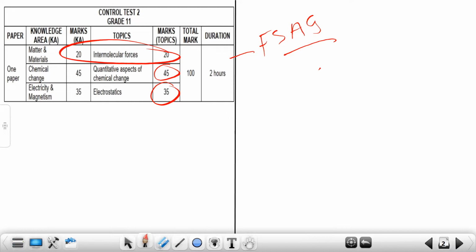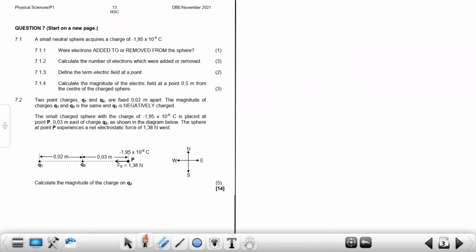So basically, I'm just going to give you a question and a timer, then we'll only discuss or share answers once everything is done. So let me open the first question. The first question is on electrostatics. It's 14 marks.